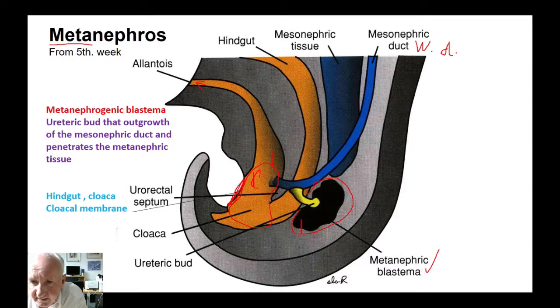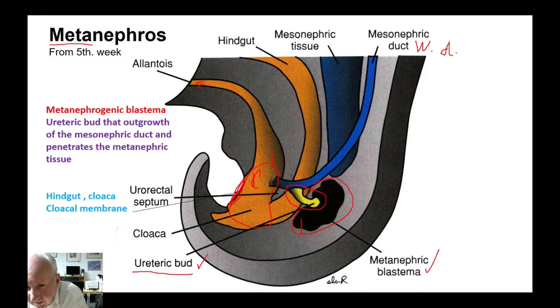So, and a new structure is in this moment here. From the Wolffian duct, just before the Wolffian duct opens into the cloaca, rises this diverticle, and this yellow diverticle is a ureteric bud.